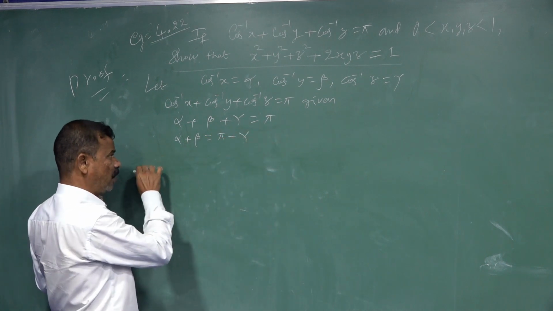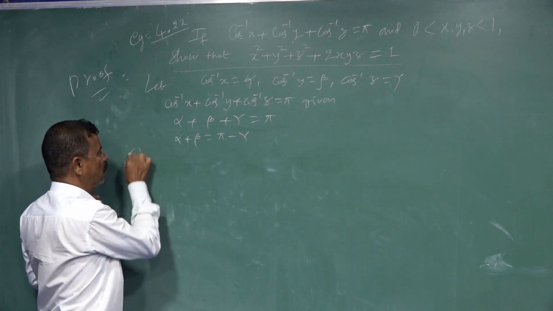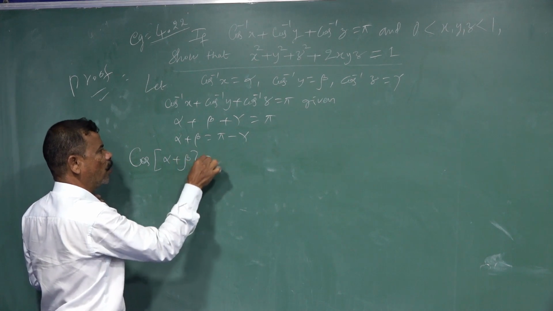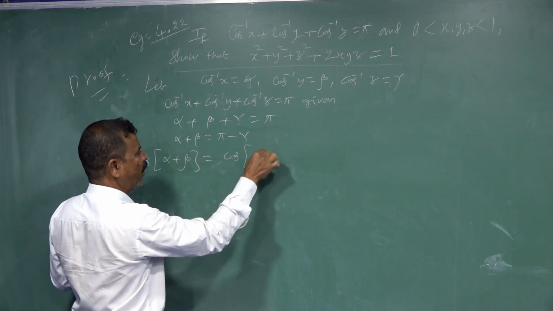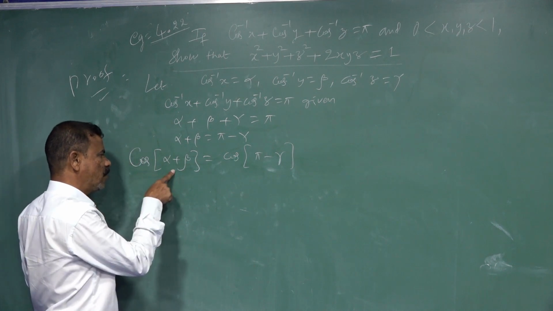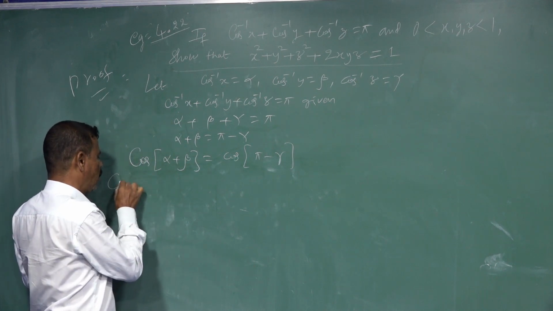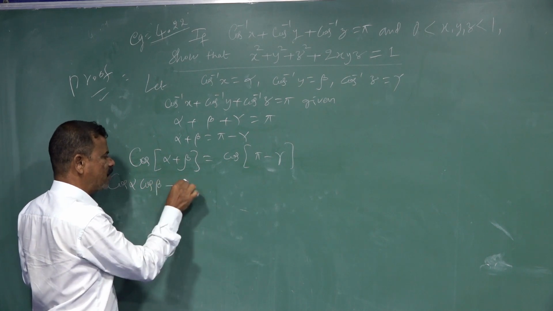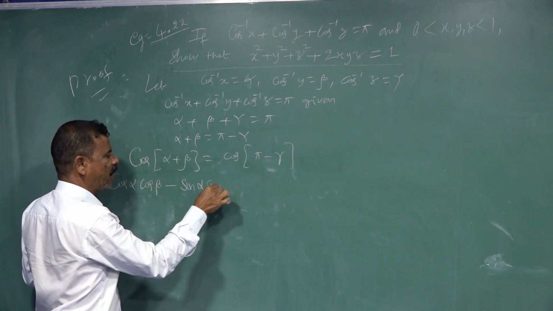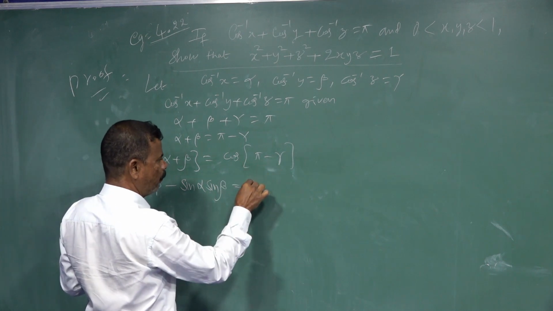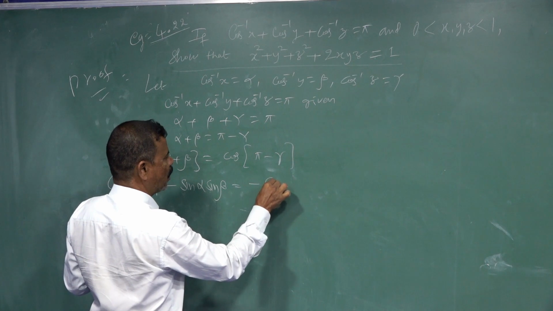So taking cos on both sides, cos of alpha plus beta is equal to cos of pi minus gamma. By the formula expansion, cos alpha cos beta minus sin alpha sin beta is equal to cos of 180 minus gamma, which is minus cos gamma.